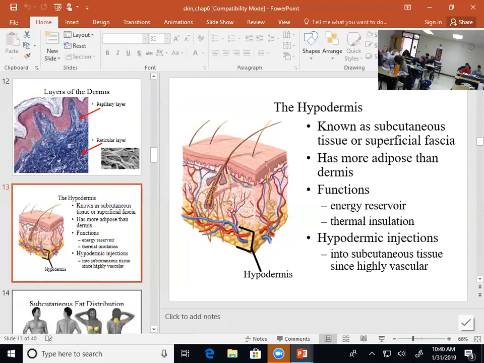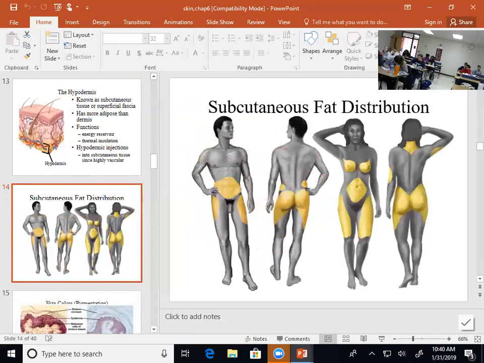So when we think about this sub-Q fat, as adults after puberty, we see fat depositions in different places depending on gender. What do you think plays a role in that? Why do women have fat in different areas than men? And why do women have as much as 10% more body fat that's normal?